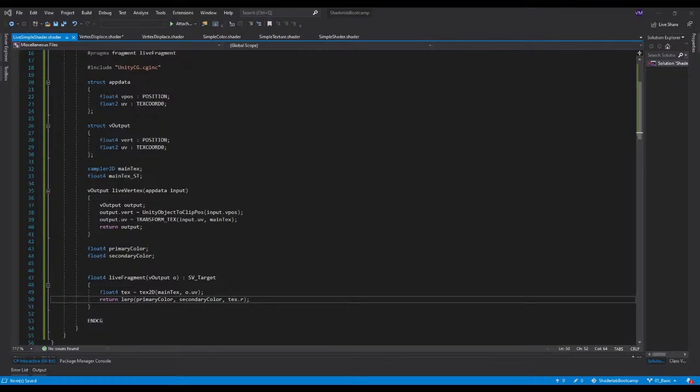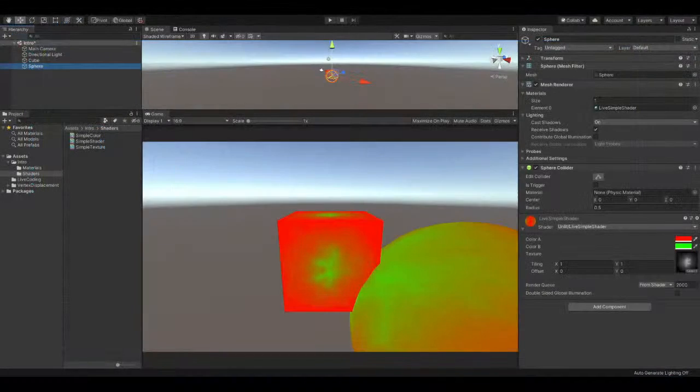So let me share the code now. If you are able to see the code, yep. What we're going to do is write a lerp function where we put the minimum value, maximum value, and the value to lerp between. If this is 0, it will be primary color. You see that?